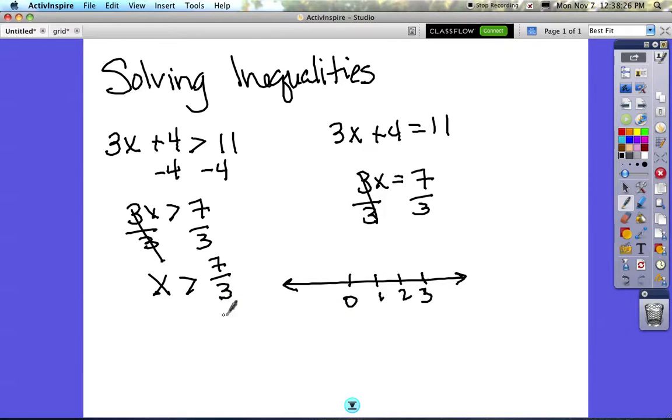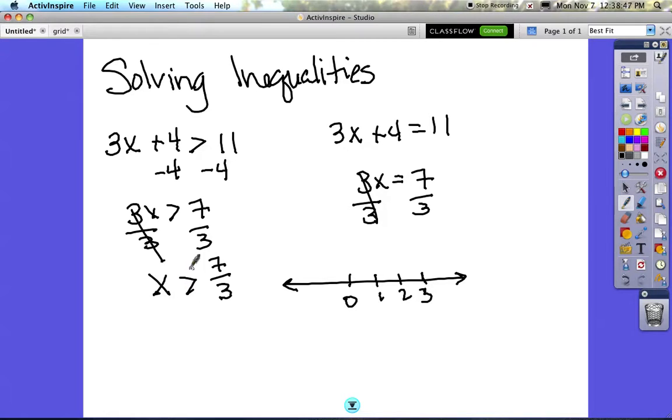Well, what would that be approximately in a mixed number? Not 1, 2 1/3, which is just a little over 2. Remember, we talked about this when we graphed the inequalities before, and kind of how we have to estimate.